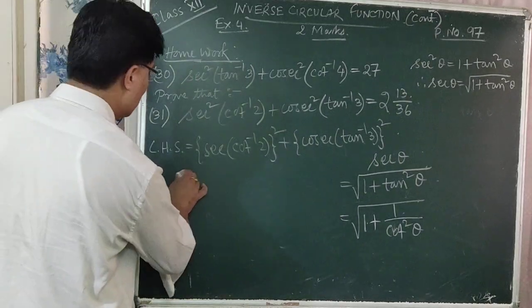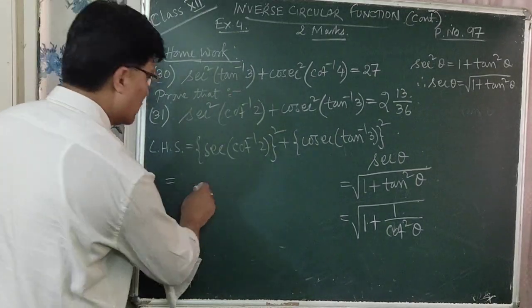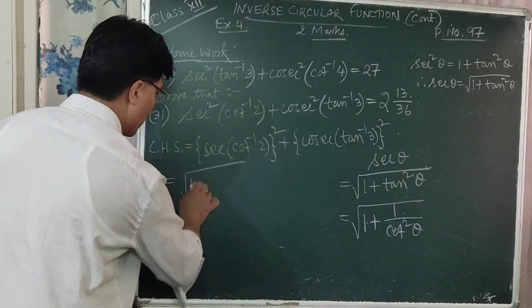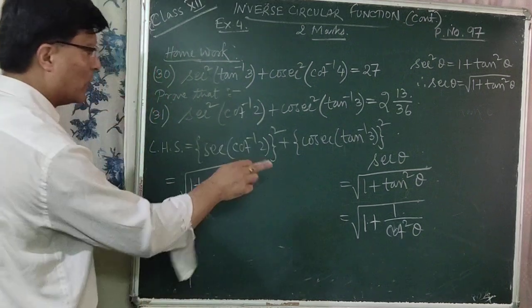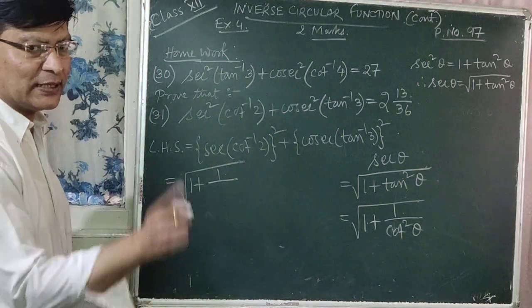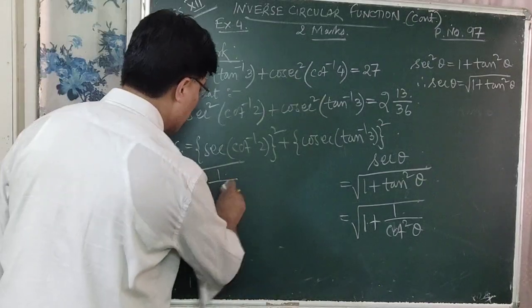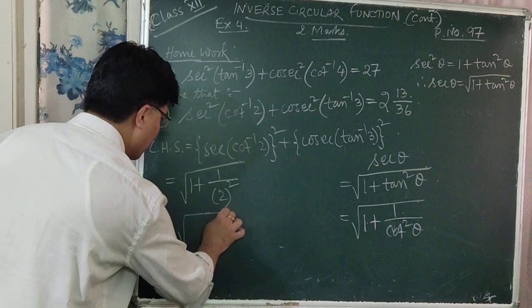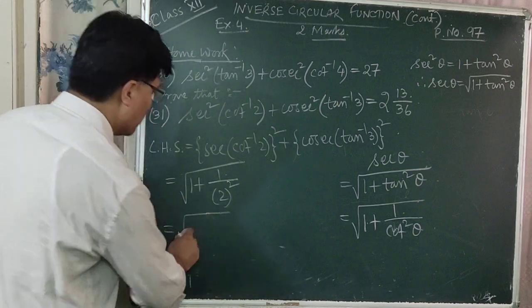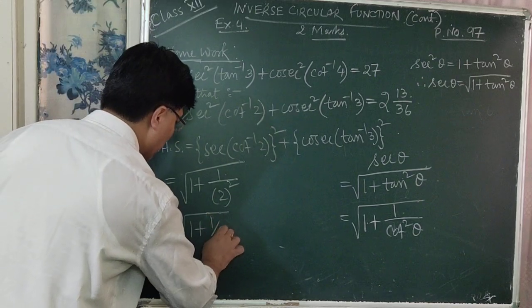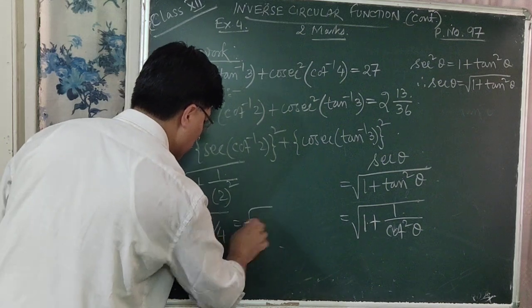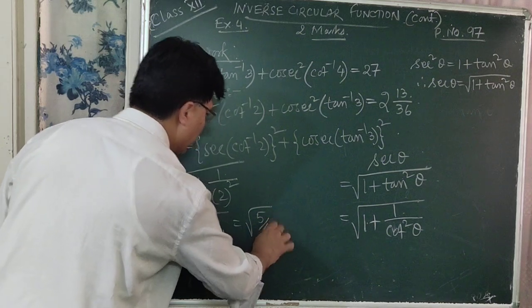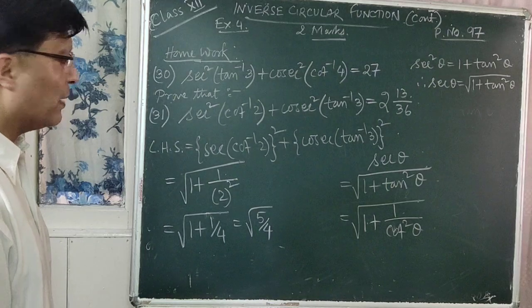Which is equal to root over 1 plus 1 upon, what was the value for cot theta actually? It is 2 whole square, isn't it? So write down 2 whole square, which is root over 1 plus 1/4, which is root over 5 upon 4.